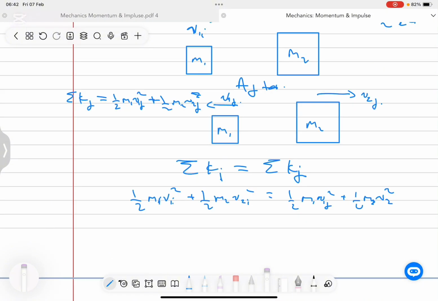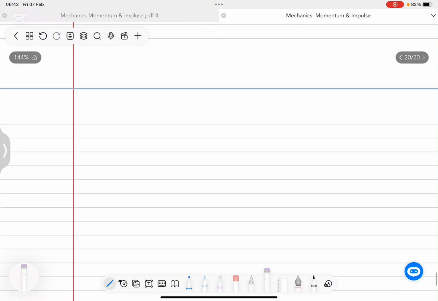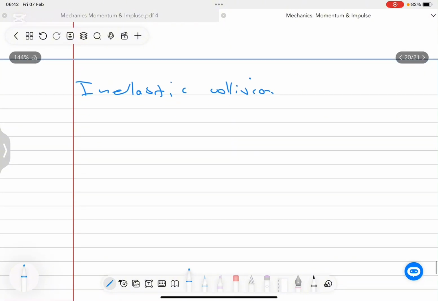The other type of collision that we study is called inelastic collision. Now, let's do the same example.